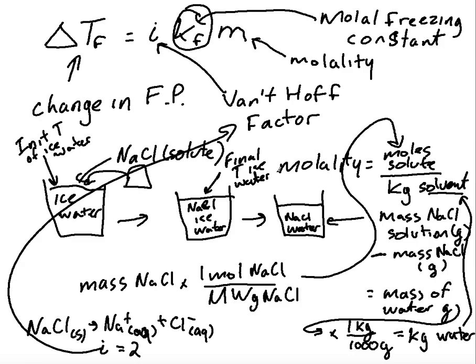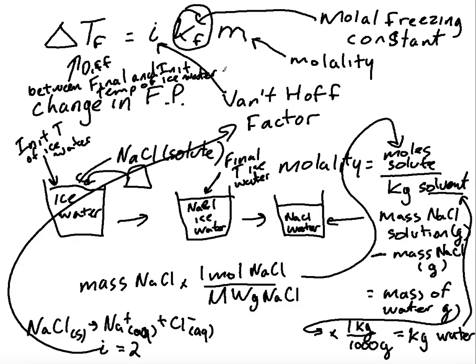Now this delta Tf here is the change in freezing point, which is going to be the difference between the final and the initial temperature of the ice water. So you want to find this difference, but you really want it to be a positive value.